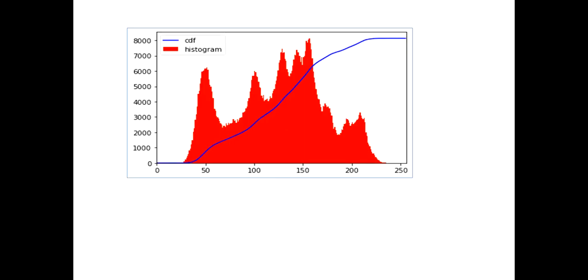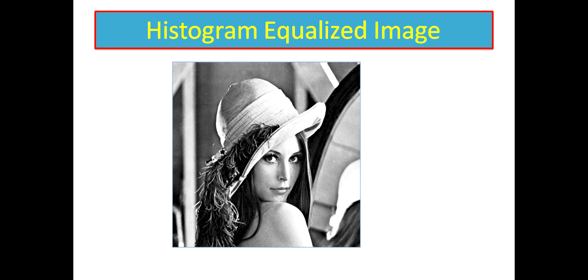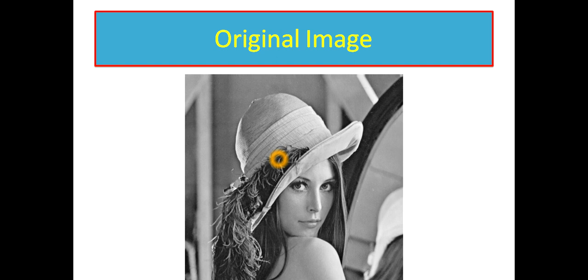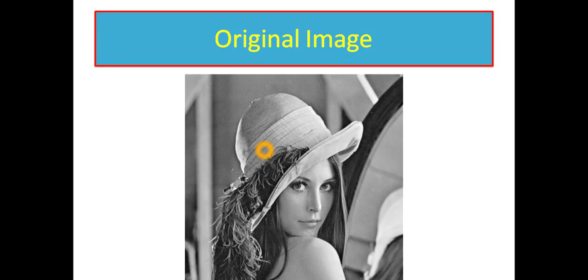The histogram bins are well scattered, meaning well distributed. The values are well distributed, so the image contrast is overall improved. Obviously the equalized version is far better than the original one.